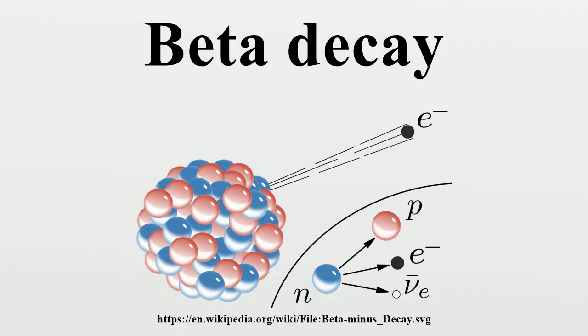The kinetic energy of the emitted neutrino is given approximately by Q minus the kinetic energy of the beta. As an example, the beta decay spectrum of 210Bi is shown to the right.